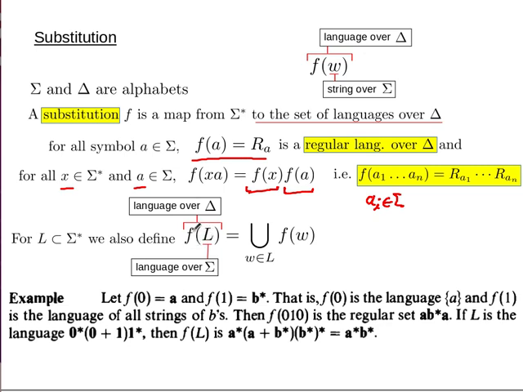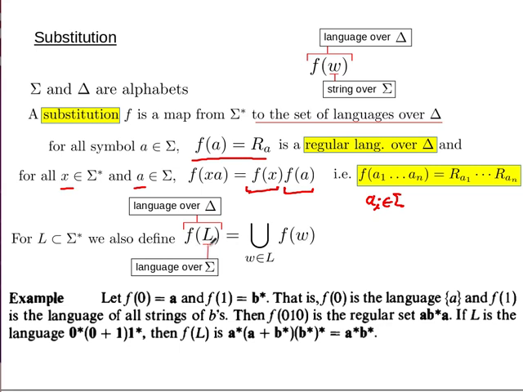And what does this mean? This is the union of all these f of w's, where this w is in L. So you take all strings in L, you take all the f of w's for all these strings, and you take their union. So this big union is what this f of L is. Okay. So this is the definition.